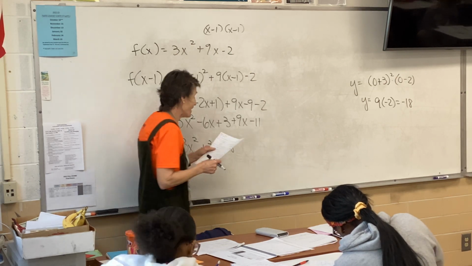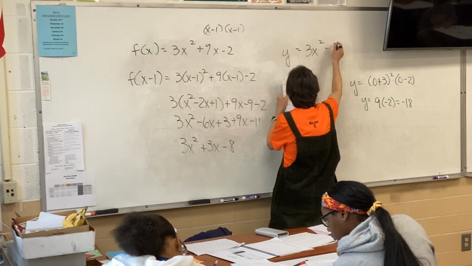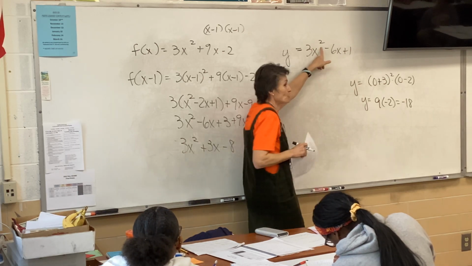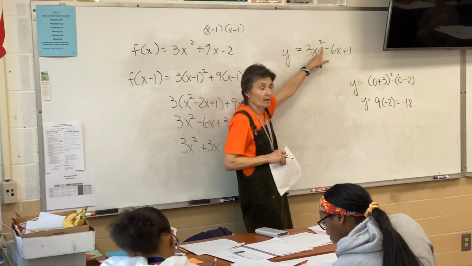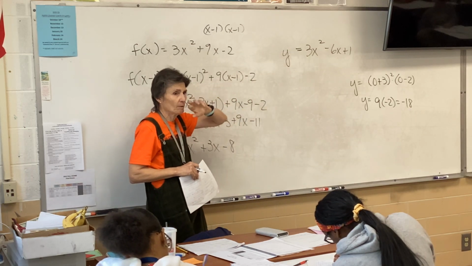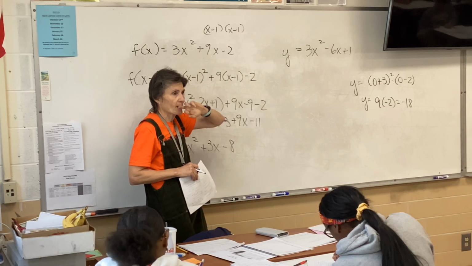All right, find the vertex. This is a parabola. Everybody should recognize that. How do we find the vertex? You got a couple of options. One is easy. What's the easiest way?